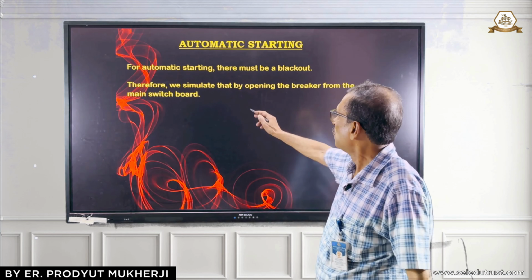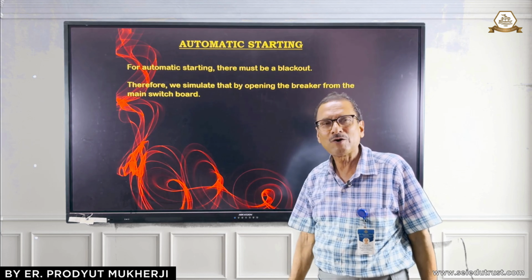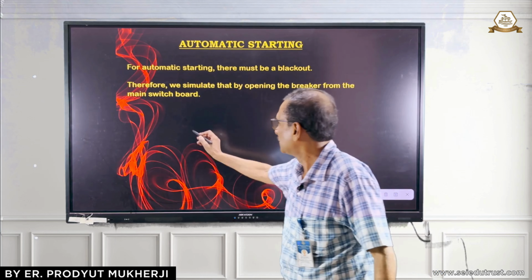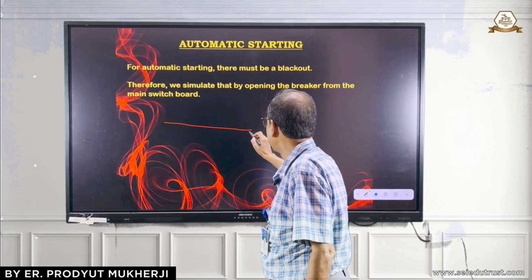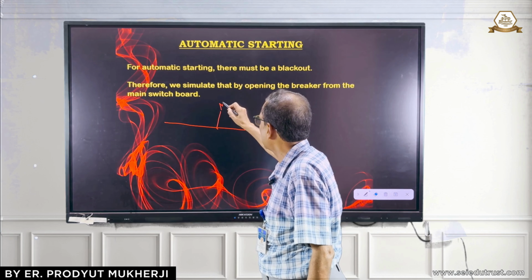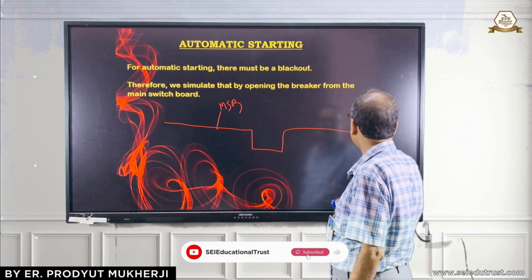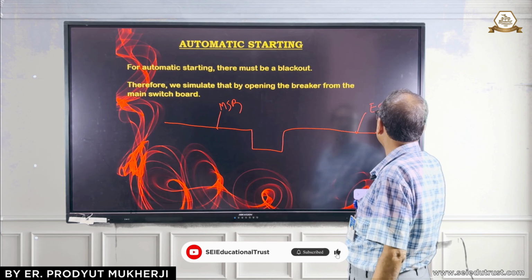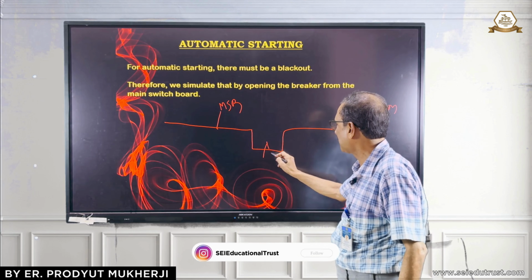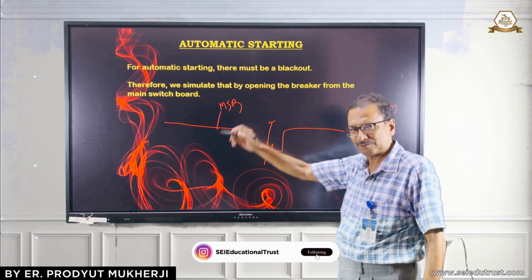So what we do is simulate that by opening the breaker which supplies electricity from the MSB to the emergency switchboard. There will be a breaker out here. We just open it.